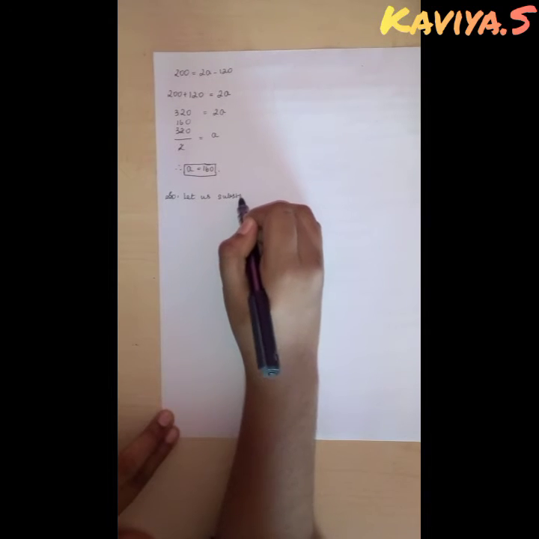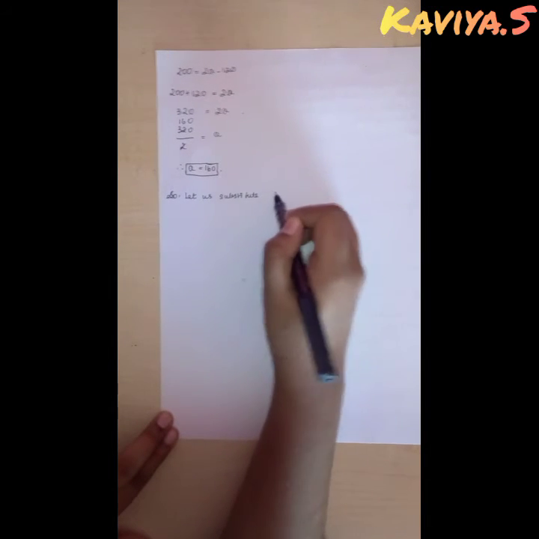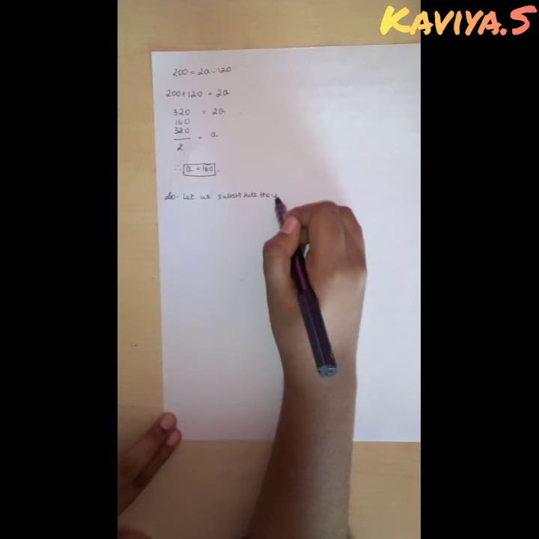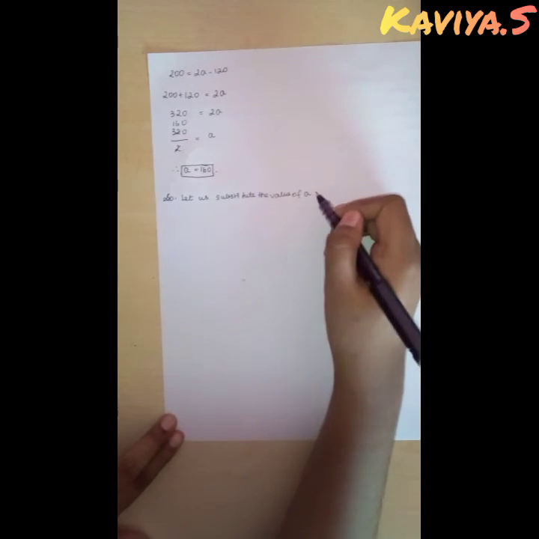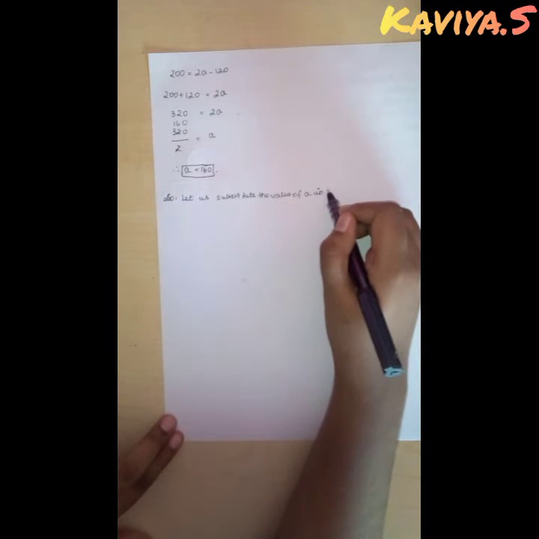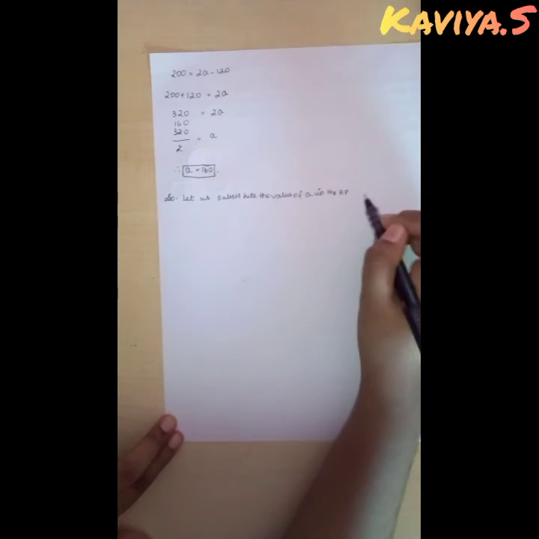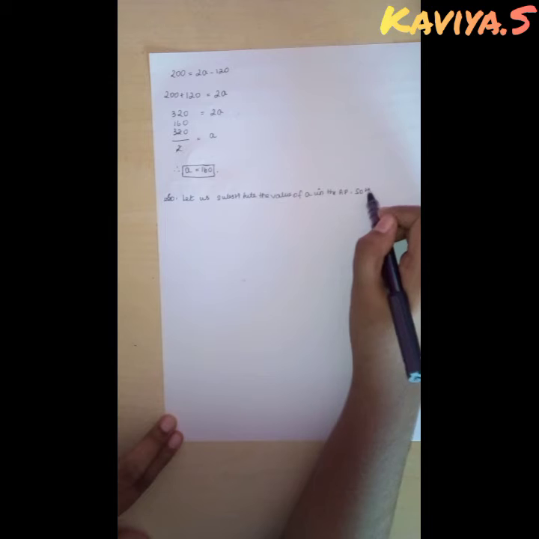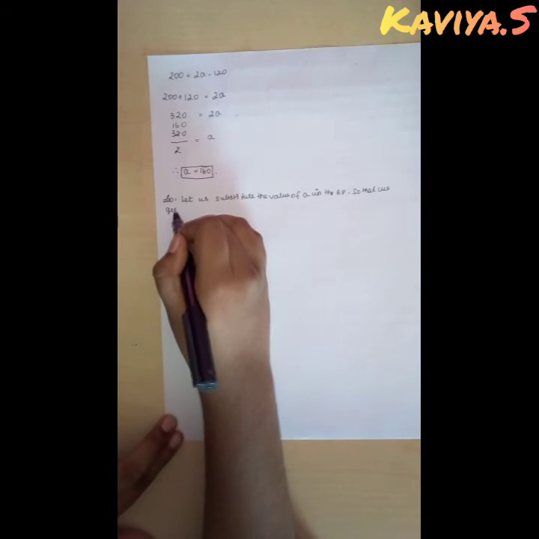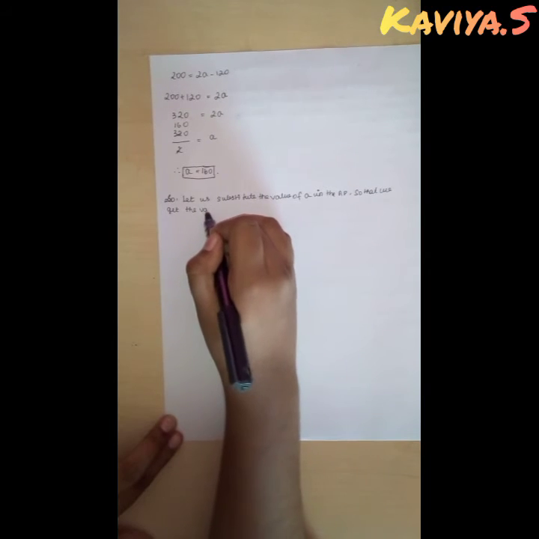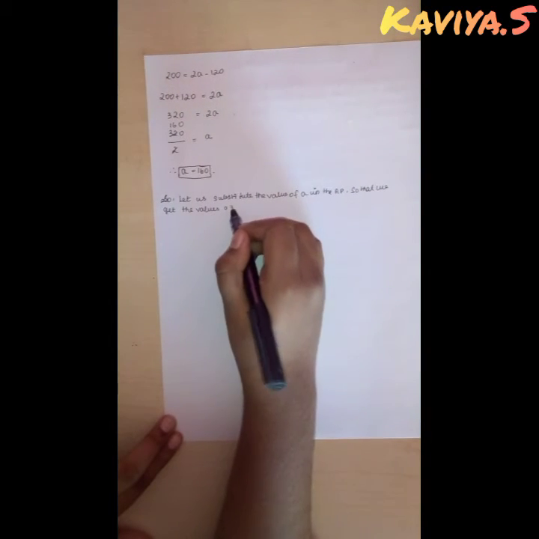So we got the value of a. So we are going to substitute the value of a in the AP that we got, a, a minus 20, a minus 40. In the place of a, we substitute 160, so that we get the values of all the 7 prices.